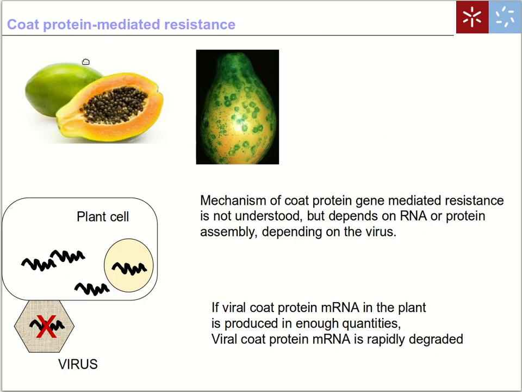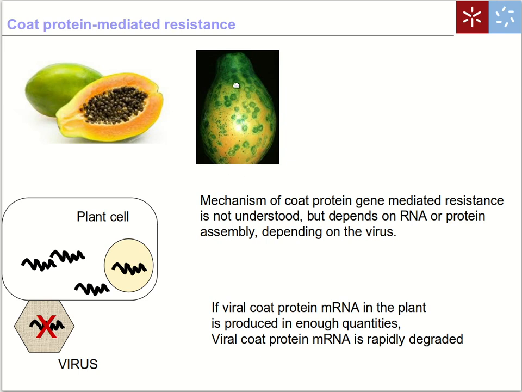Something called coat protein mediated resistance was employed in order to create resistance to this virus. This is the normal papaya fruit, by the way, and this is a fruit. Here we can see the ring spots. They look like rings on the surface of the papaya. What was done was simply to express a coat protein from the virus.